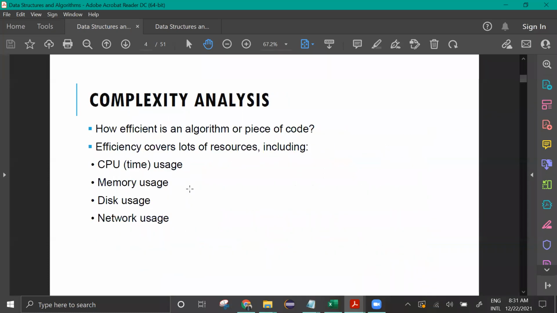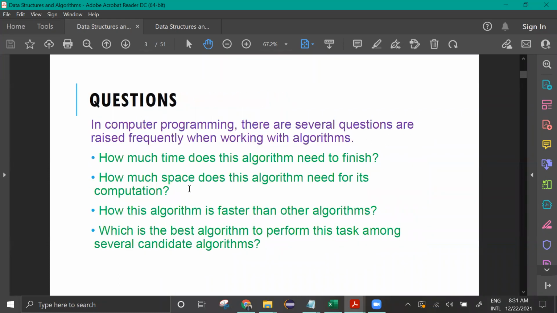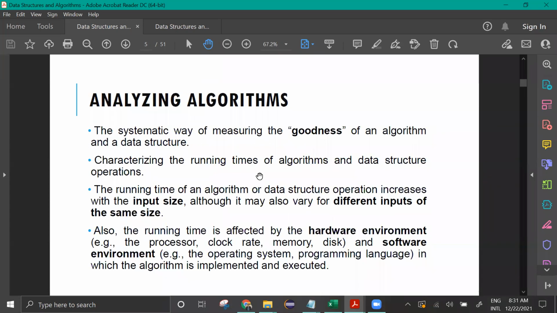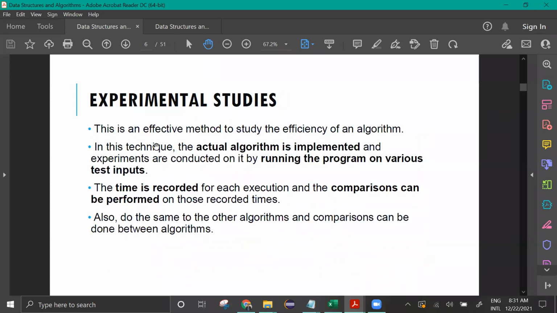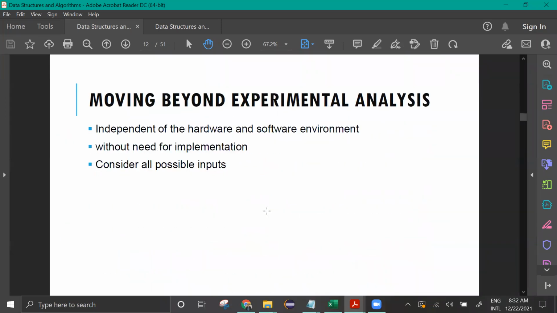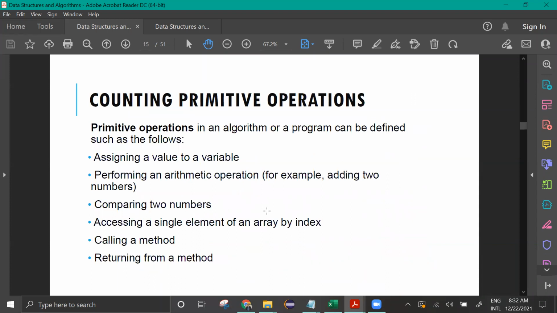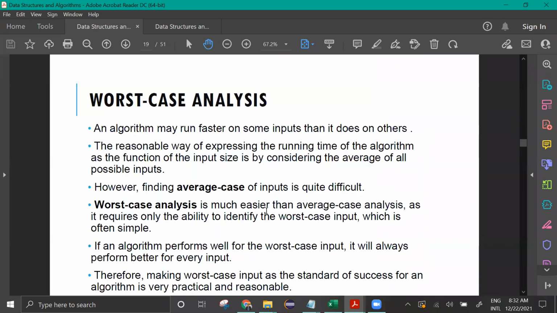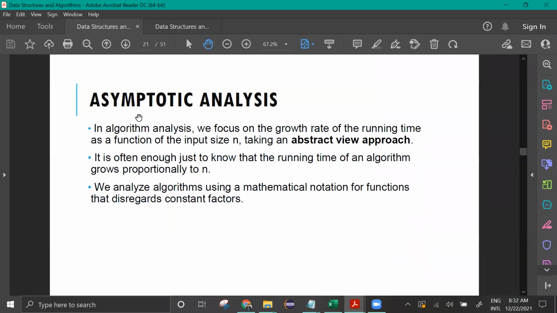There are 3 methods that we are mainly using: experimental studies, counting primitive operations, and asymptotic analysis.